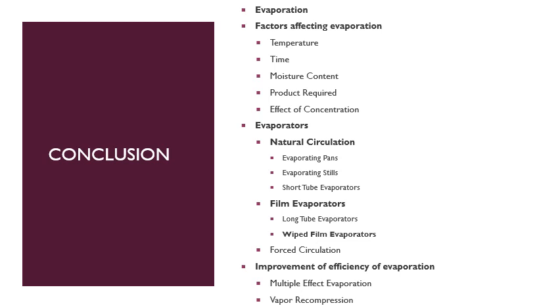Okay, and the vapors will be taken out. Now there are certain factors which have to be under consideration for the process of the evaporation. First, the major thing is the temperature. The temperature is of very much importance for the process of the evaporation. We have to consider the temperature of the material to be boiled.